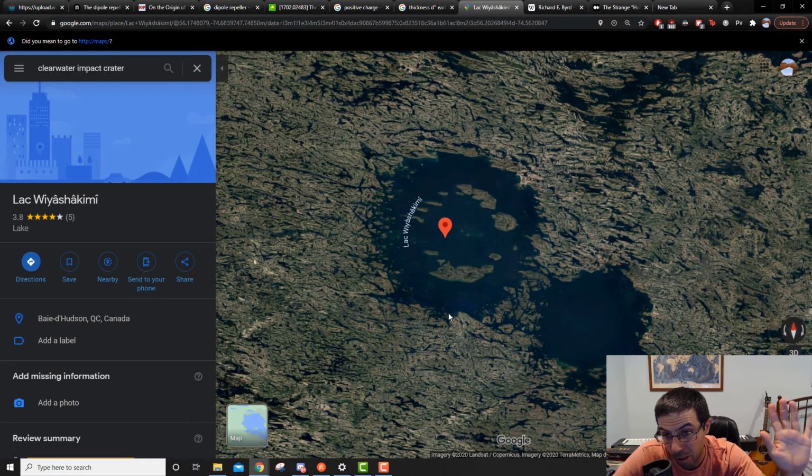According to interpretation, these things did not form simultaneously, so these two craters right next to each other were just arbitrarily, by happenstance, hit by an object from space right next to each other. I read a paper. Basically, the paper said that this could only happen like once per planet.